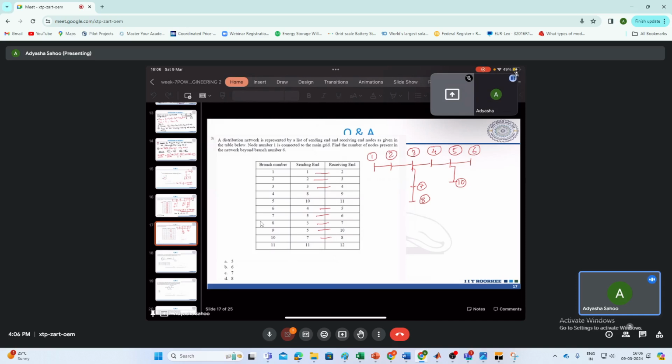Let me draw once again: 8 to 9, 10 to 11, then 11 to 12. And it was saying branch 6. Which is branch 6 here? Between 4 and 5. So this is your branch 6.